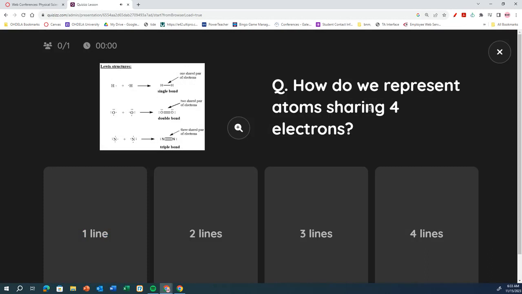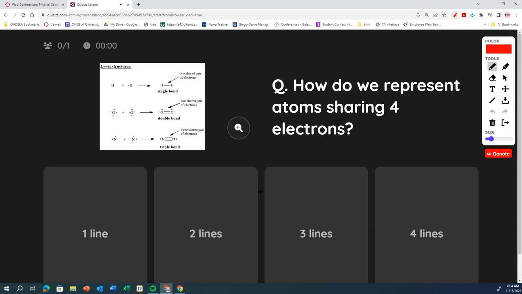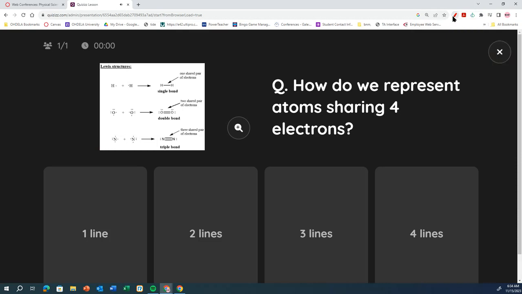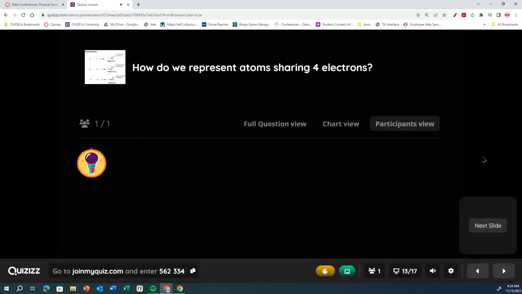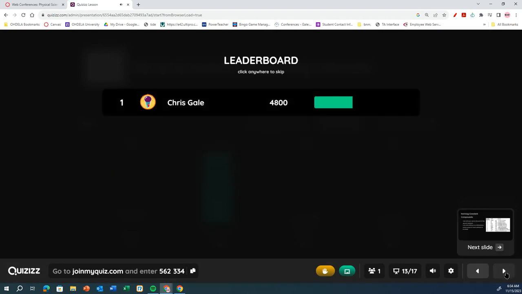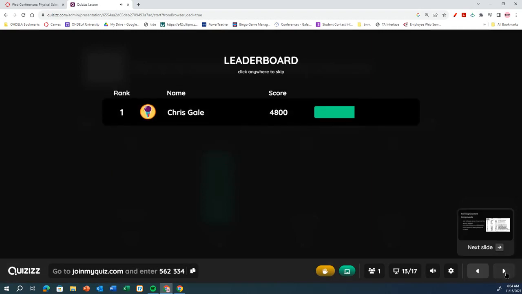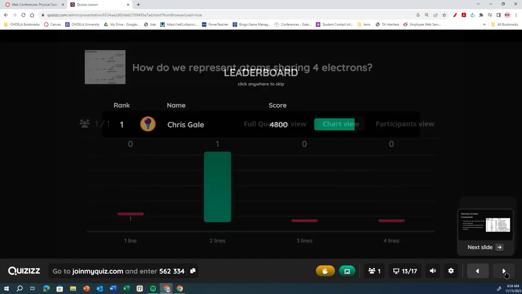How do we represent atoms sharing 4 electrons? Remember, each single bond has 2. So if we have a double bond, we have 2 lines and 4 electrons. So a triple bond would be 3 lines and 6 electrons.